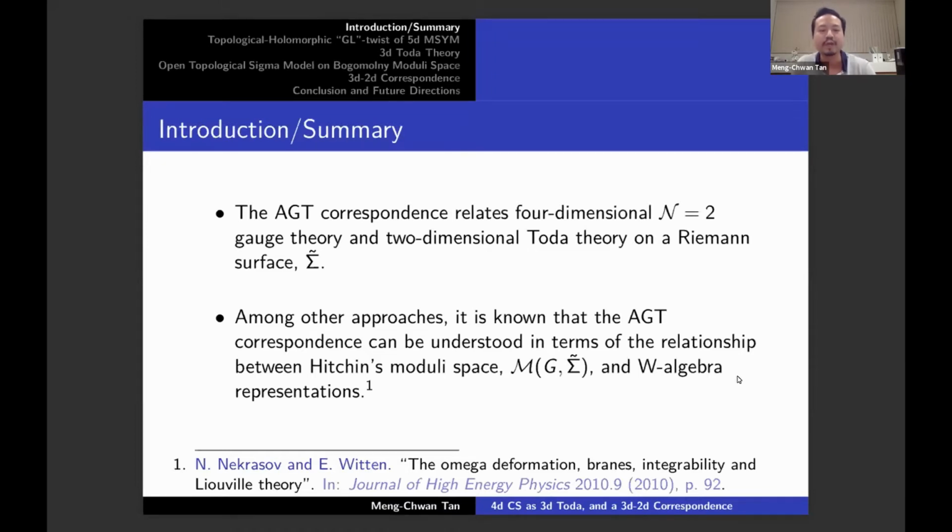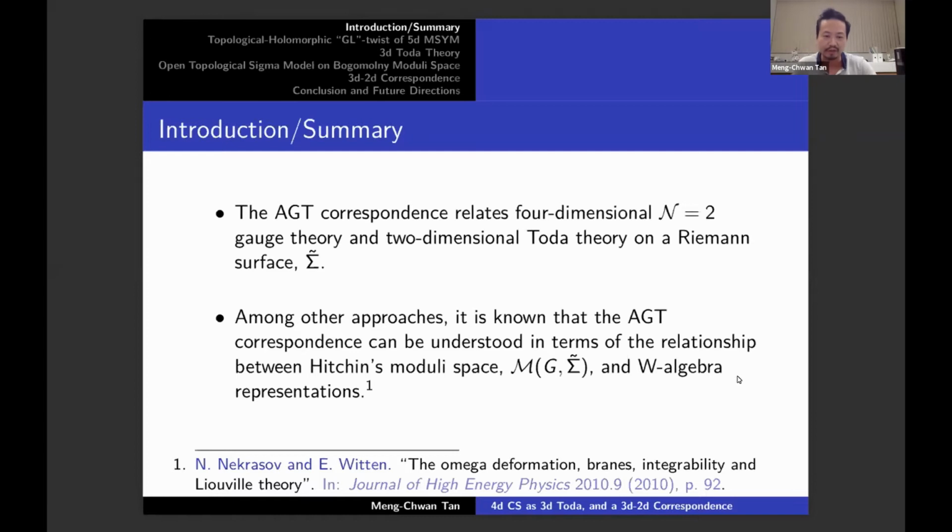Among other approaches to understanding this correspondence, it is also known that the AGT correspondence can be understood in terms of this relationship between Hitchin's moduli space, which is the phase space of the Coulomb branch of N=2 gauge theory in 4 dimensions, and W algebra representations, which are representations coming out from Toda theory.